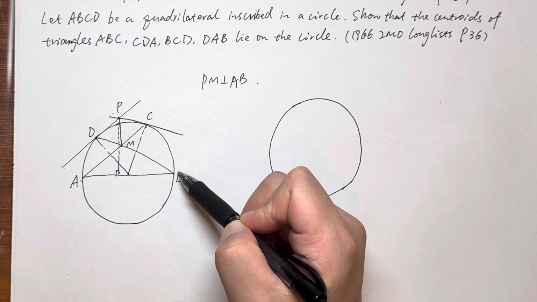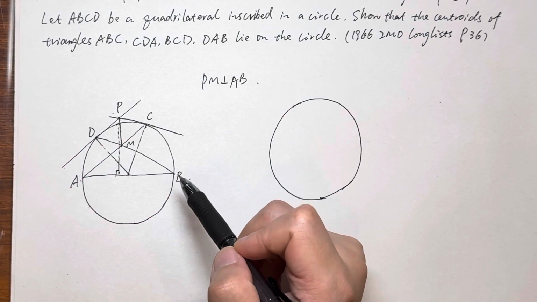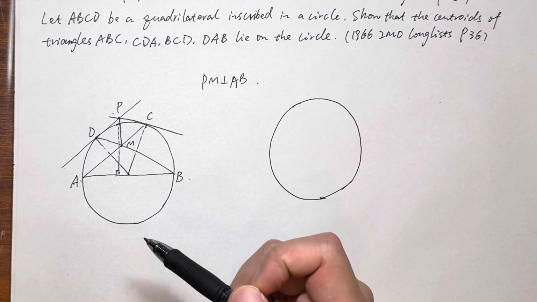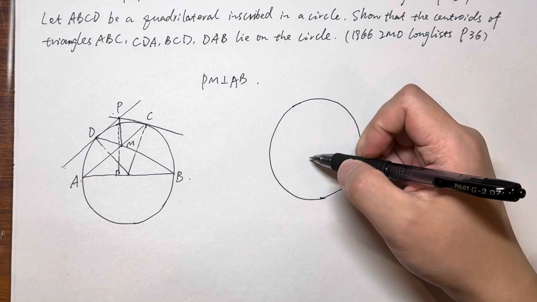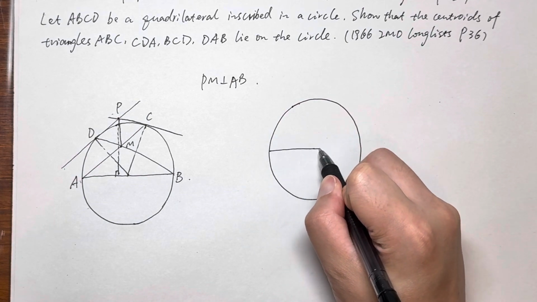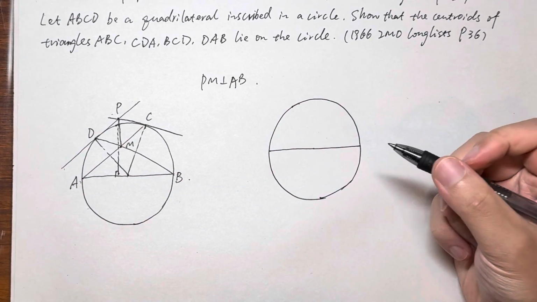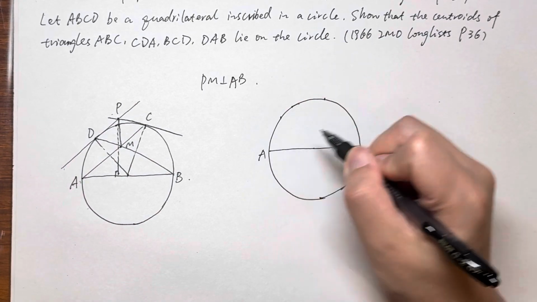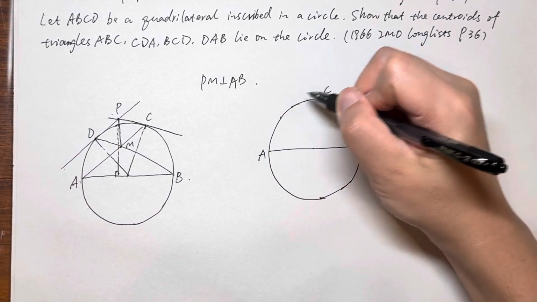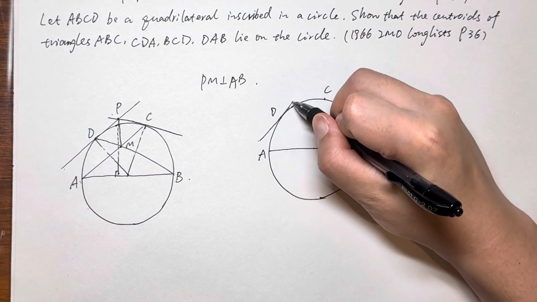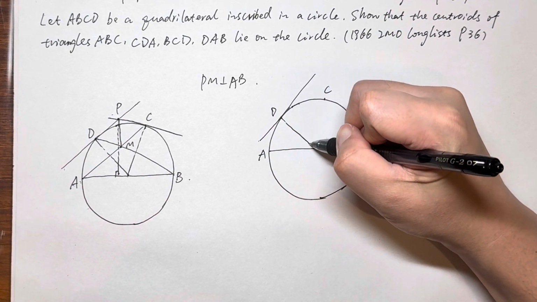And we just need to prove that these 2 points actually are 1 point, right? So in that case, we don't need to draw the AC and BD at the same time, which means we have AB here, we have CD here, and we can draw the tangent line.